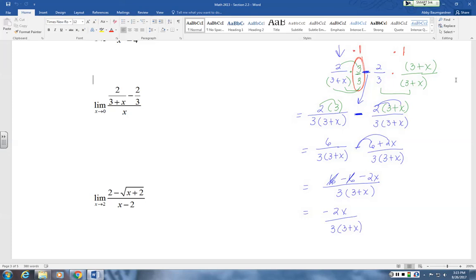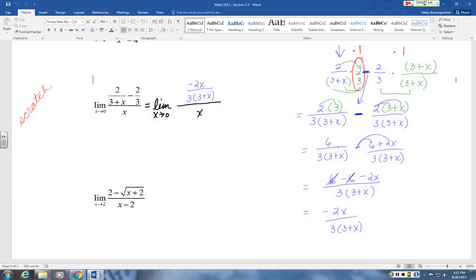All right, so I come back over here, and all I've done is I've made it so that I understand the numerator could be rewritten as a negative 2x over 3 times 3 plus x, all divided by x. Okay, well, if I were to evaluate again, because after every step we go see if we can evaluate, I would do this in my head, but because I'm making a video, I'm going to write it down.